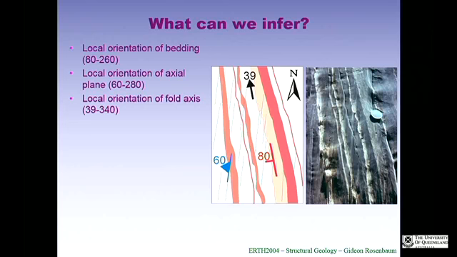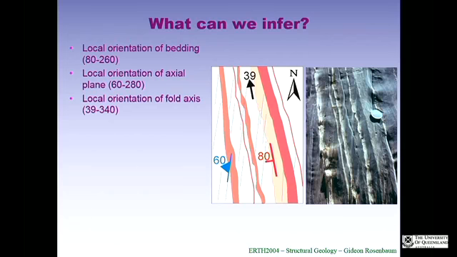That's an important thing that we think about those relationships. Here we have a fold. We don't see the fold, but we see that there is a cleavage and there is the bedding. We are somewhere at the limb of a fold, but everywhere the intersection of bedding and cleavage will give us basically an orientation that is parallel to the hinge of the fold. Okay, it will give the orientation of the fold axis.